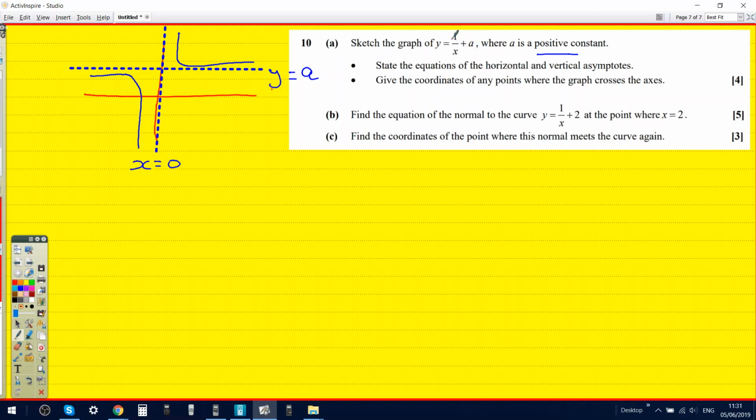You could graph y equals 1 over x plus 3, y equals 1 over x plus 4, y equals 1 over x plus 7, and you get it that way. The other way is basically when y is 0. So where it crosses the x-axis, the y coordinate will be 0.